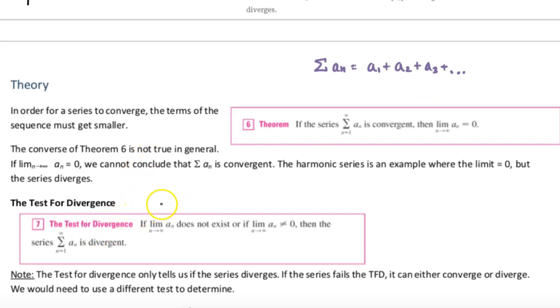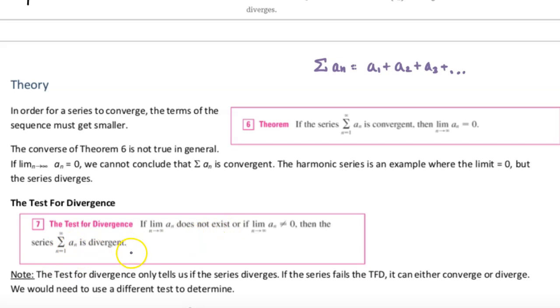It's really called the test for divergence. It states that if the limit of a sub n as n approaches infinity does not exist or otherwise does not equal 0, then the series as a whole must be divergent. So if the individual values do not go to 0, then the series must be divergent.